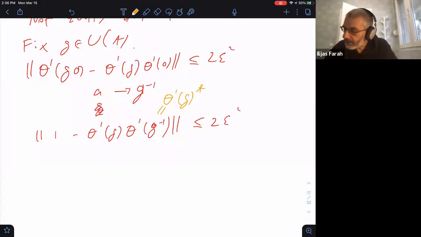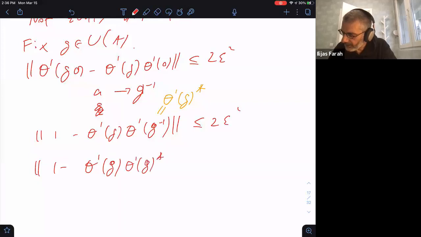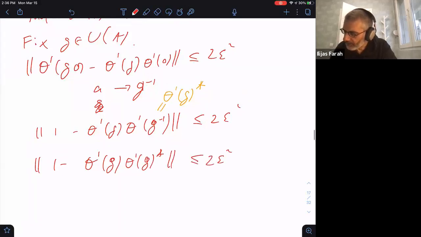Well, it means that the norm of 1 minus theta prime of g, theta prime of g star, is less or equal than 2 epsilon squared. Okay, it makes no difference, let me just continue this way.